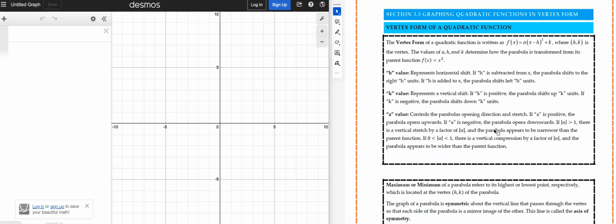Okay, so we are going to be talking about section 3.3, which is graphing quadratic functions in vertex form. I have some things here, but we'll come back to this later. It'll make a little bit more sense after we play around a little bit with this, so you can see what's happening with it.